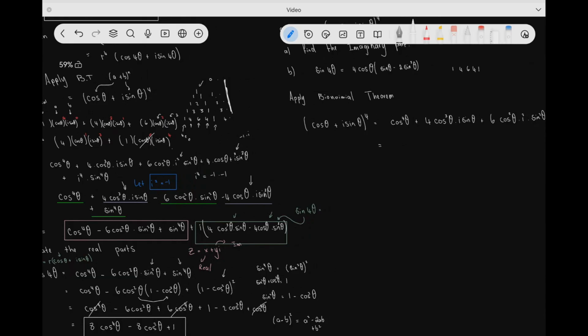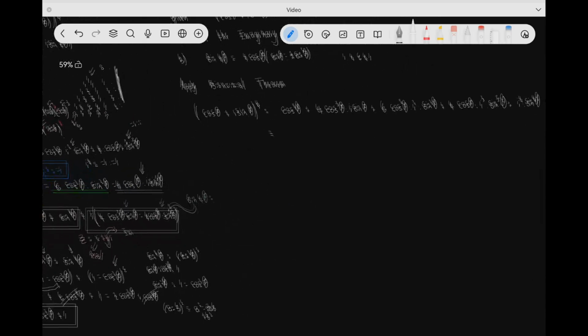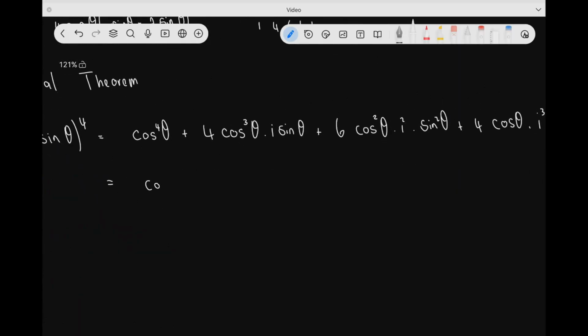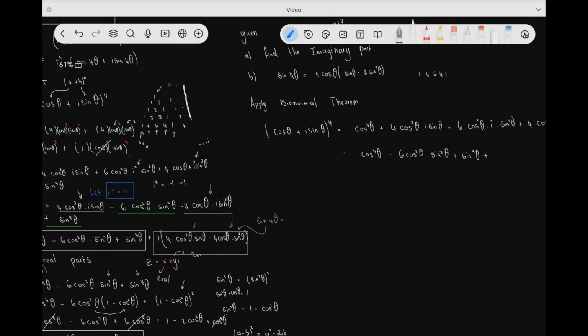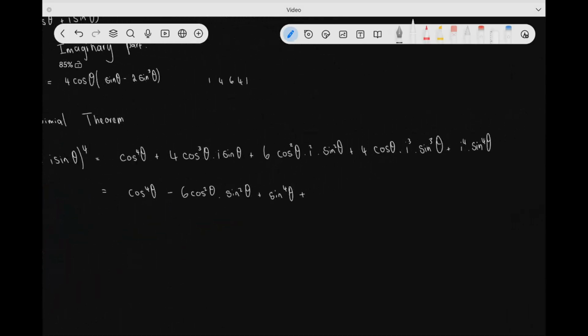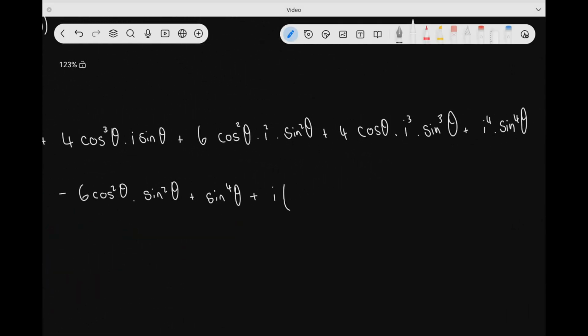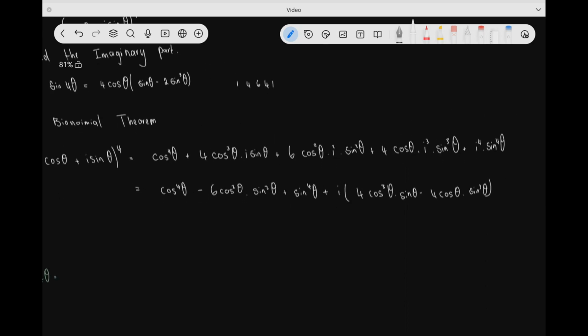It's going to be cosine 4 theta minus 6 cosine squared theta times sine squared theta plus sine 4 theta plus i times 4 cosine cubed theta times sine theta minus 4 cosine theta times sine cubed theta. Okay, so there we go.